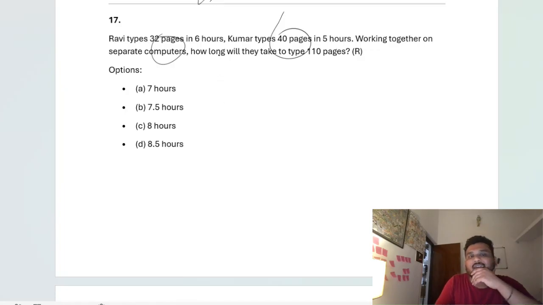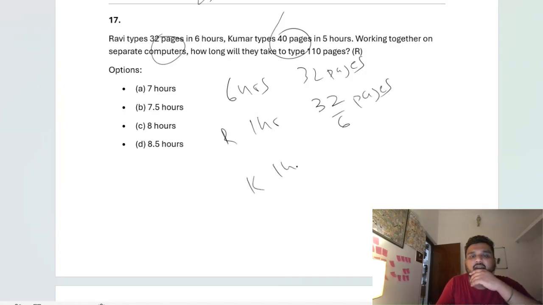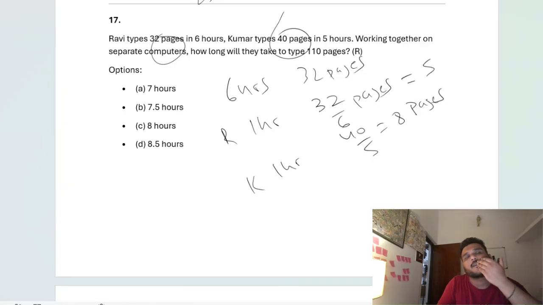So can I say if in 6 hours Ravi is doing 32 pages, in 1 hour he is doing 32 upon 6 pages? This is about Ravi. Kumar, again I can say in 1 hour he is doing 40 upon 5, or 8 pages. Ravi's is 16 upon 3, 5.33 pages.